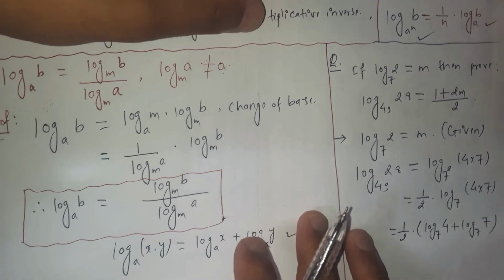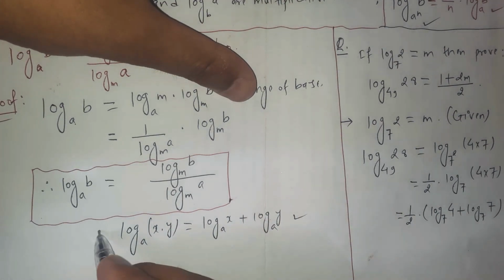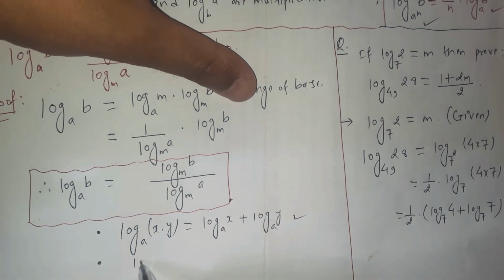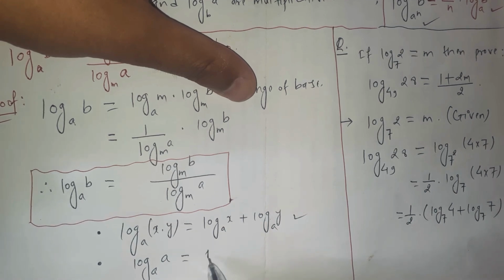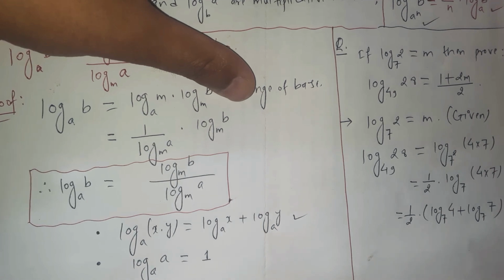We know another very important property: log with base a of the same number. If the argument and the base of the logarithm are the same, then the result will always be 1. Please remember this point.